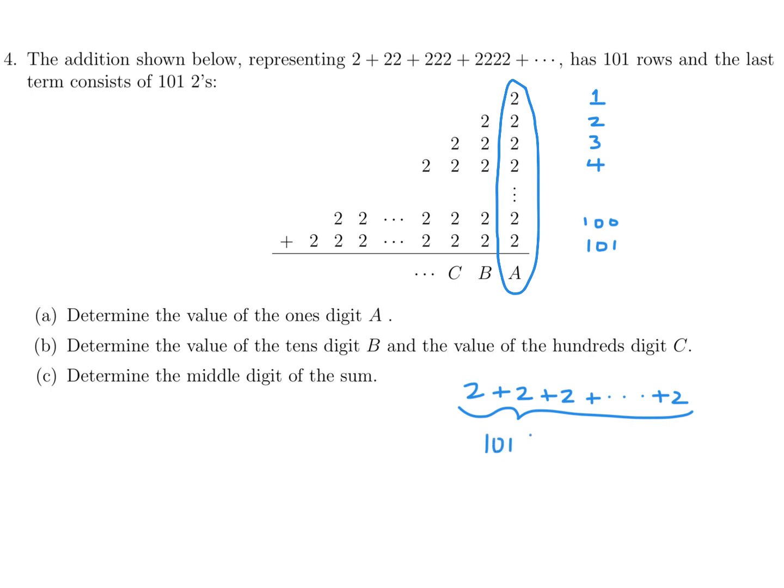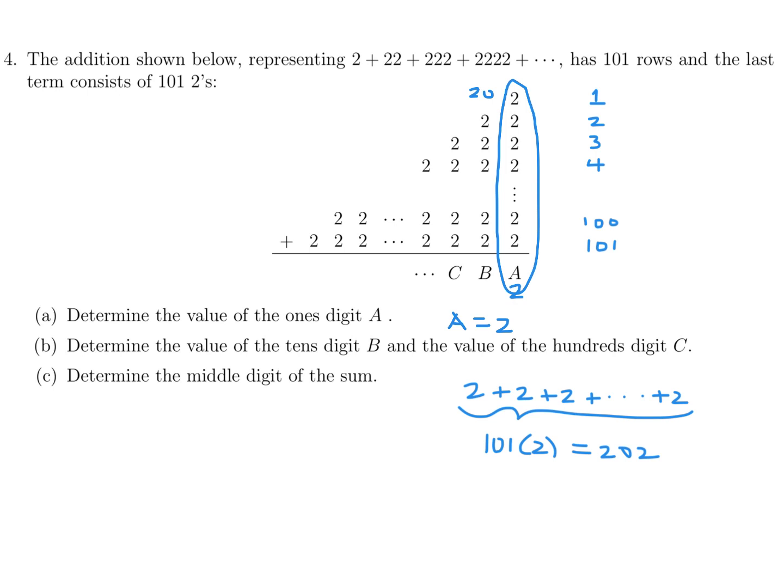So it's 101 times 2, which is 202. So that means this A would be 2. And then you'd have to carry the 20 up here, I guess, like that. So that's basically all that is.